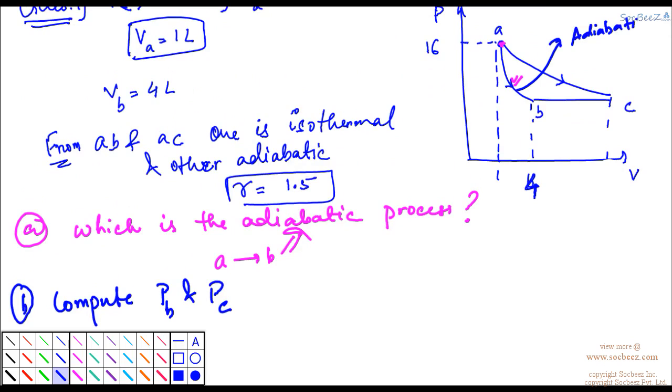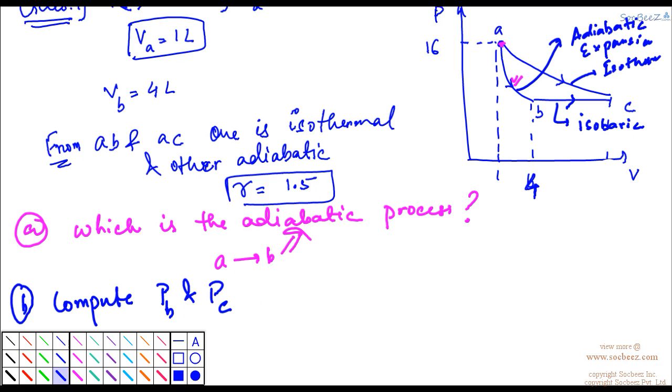As I told you, the first thing you have to do is identify which type of processes these are. This is adiabatic expansion, this is isothermal expansion, and this is obviously isobaric expansion, right? So all three processes are expansion processes. One is isothermal, one is adiabatic, and one is isobaric.